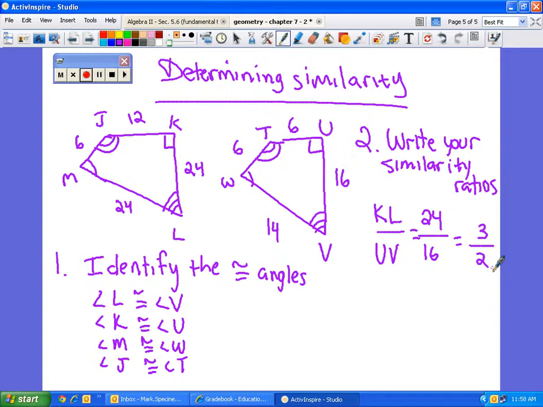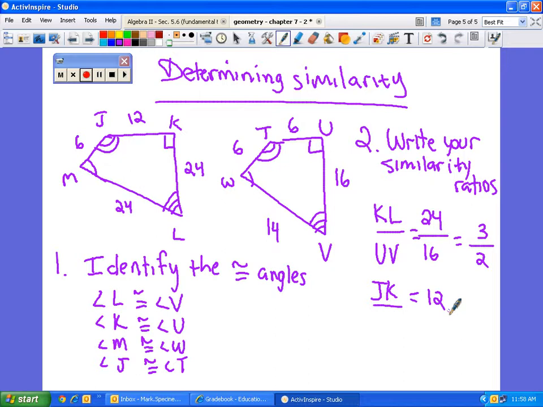Let's get another volunteer. Anna, thank you for volunteering. Pick another side, please. So this figure corresponds to JK?